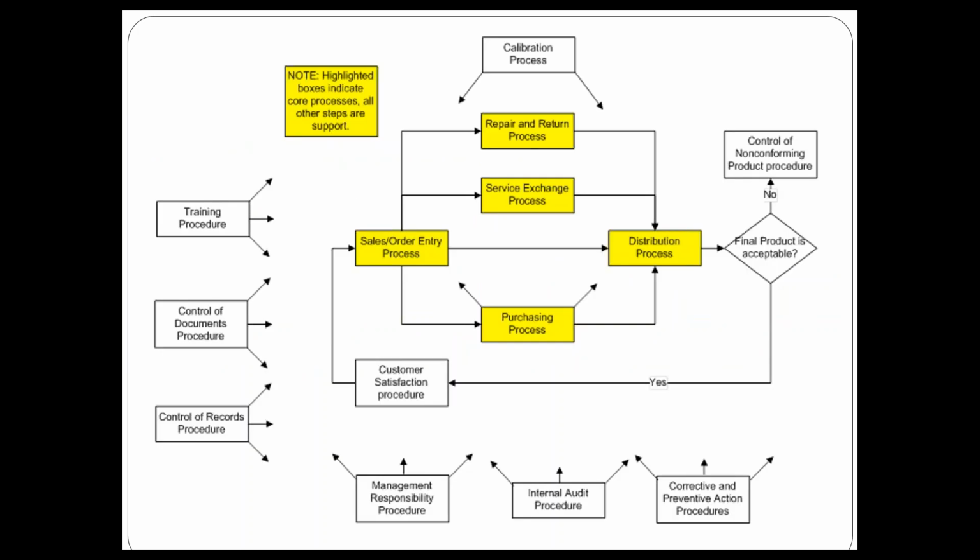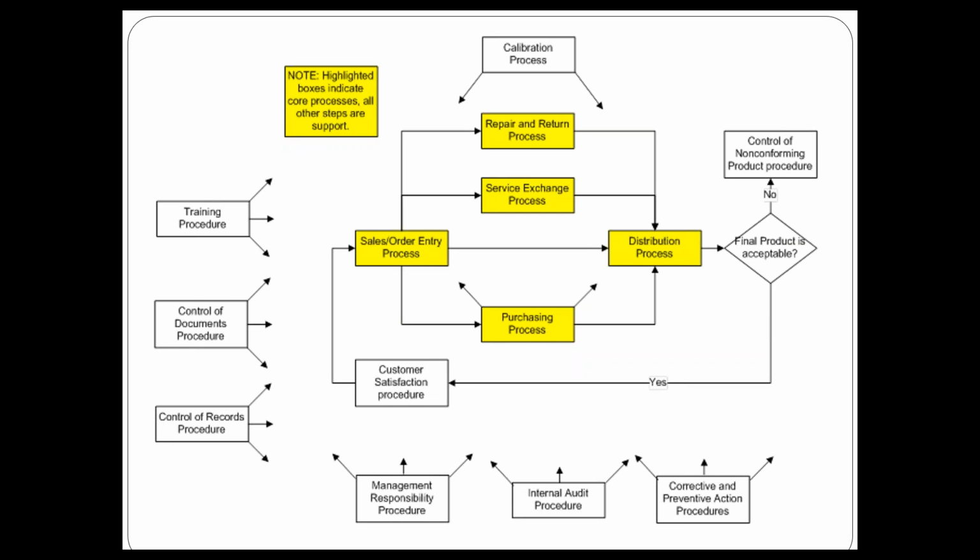Here's another model. This particular company opted to highlight what they refer to as their core processes. And they've indicated that anything that isn't highlighted is considered support. So in this model, we have 5 core processes and then support.